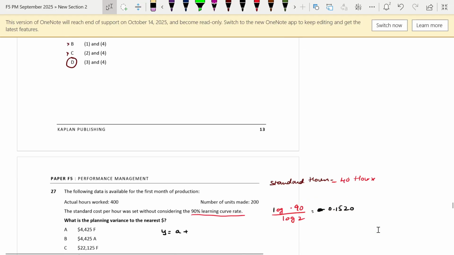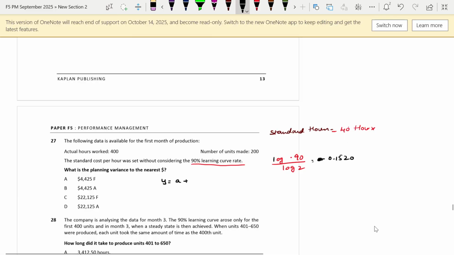Y equals a plus bx. Check again. Okay, A is actuals. What is A?